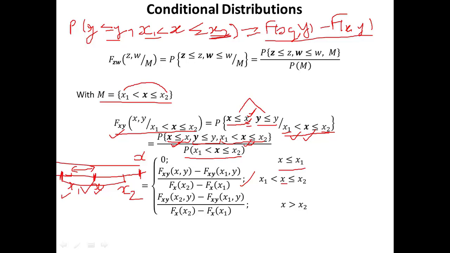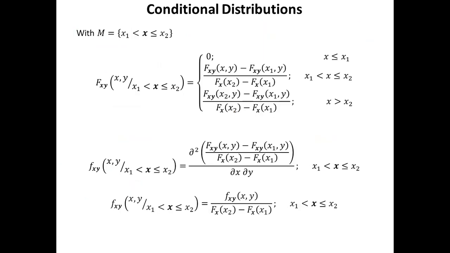So the denominator will be the same, F_X(x2) minus F_X(x1), but the numerator now will be F(x2,y) minus F(x1,y). So the numerator will be F(x2,y) minus F(x1,y), divided by F_X(x2) minus F_X(x1). So in this manner, whatever may be the event M, defined either in terms of random variable X or random variable Y, we can easily determine this conditional joint distribution.